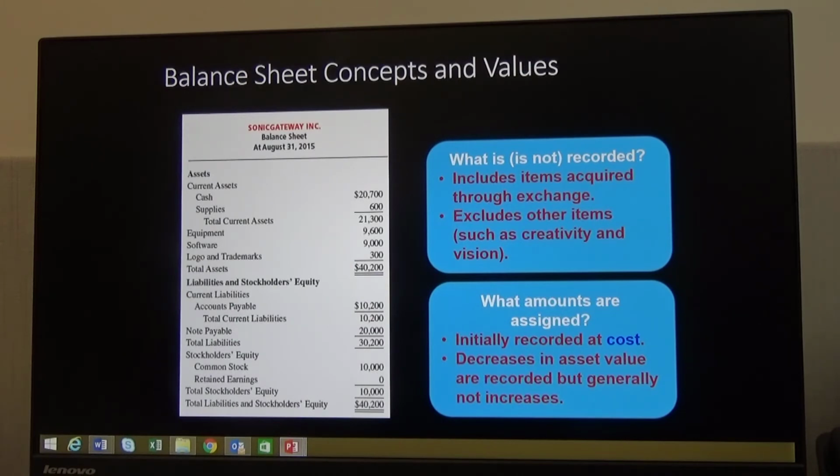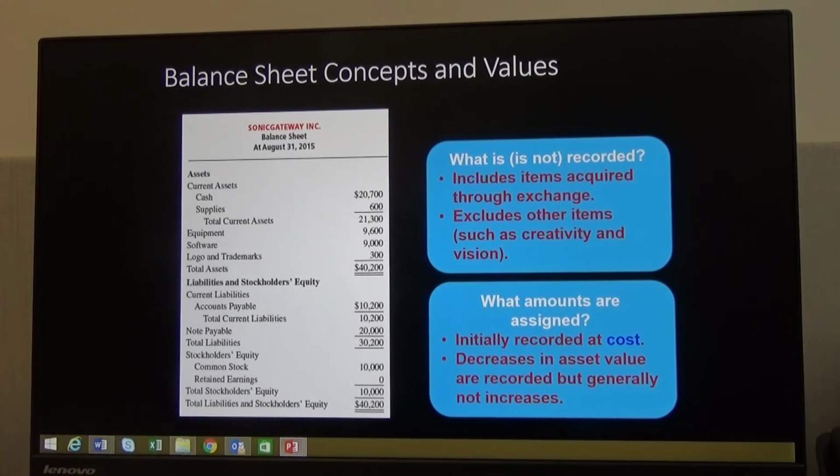So if we bought a piece of land for $100,000, and it increased in value to $1 million, we can't increase that value on our balance sheet because it's too expensive to get appraisals done all the time whenever we're making financial statements, and there's not a ready market value for a lot of those things. It's not like we could look it up.